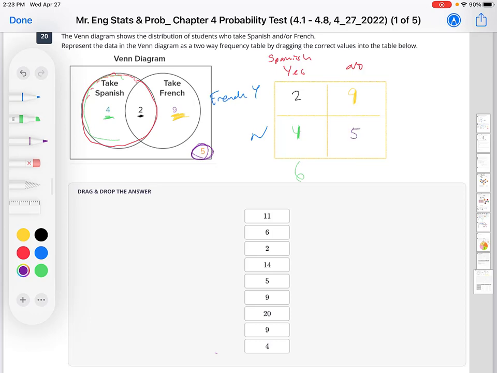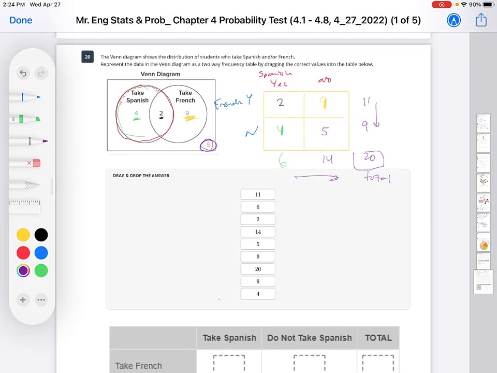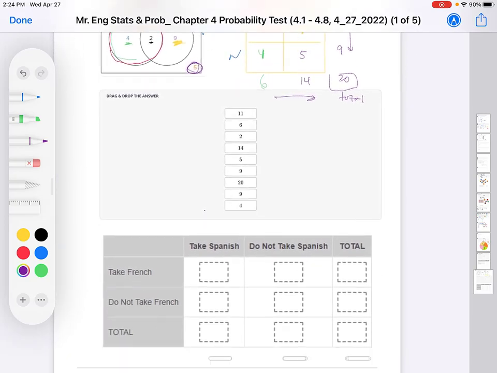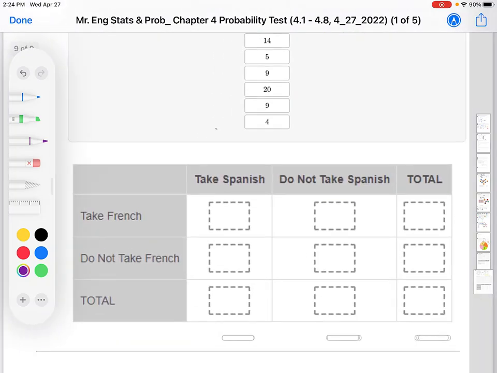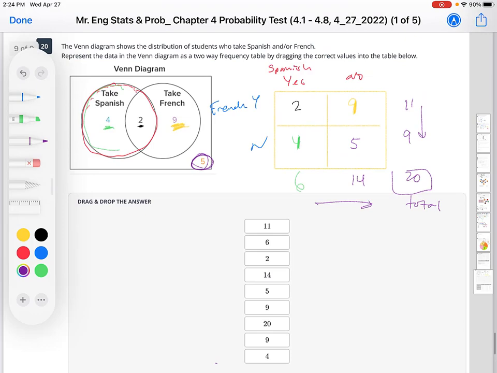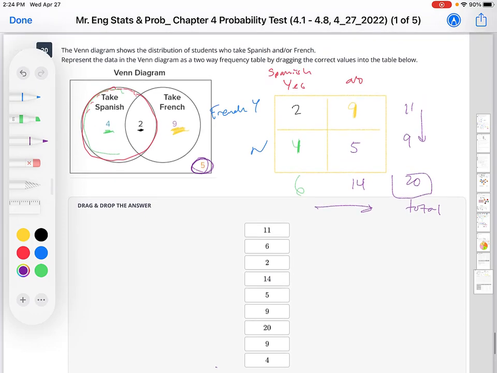So 9 plus 5 is 14, and you can just add up going across, and you'll notice that the numbers going this direction and this direction represent the total. Okay, so that's my total there. And that's how you would fill it out.